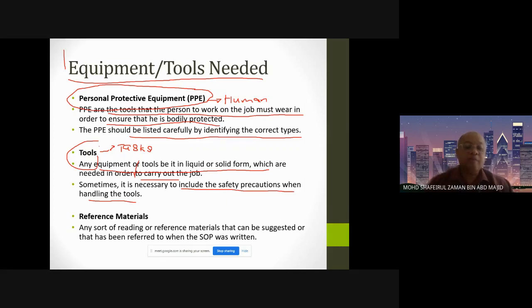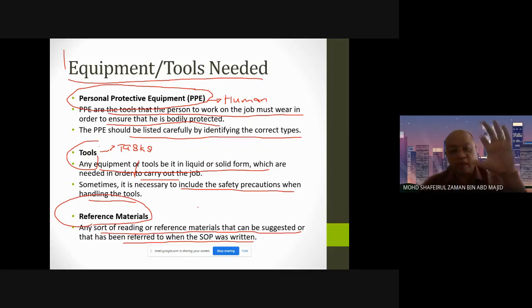Reference materials: it's going to be any sort of reading or reference materials that can be suggested or that has been referred to when the SOP was written. For example, when you are asking people to read the SOP to perform the task, and you want them to read a certain regulation, maybe different manuals, you need to state it in the reference materials. Or for example, this task should be performed with a specific manual, the name of the manual.